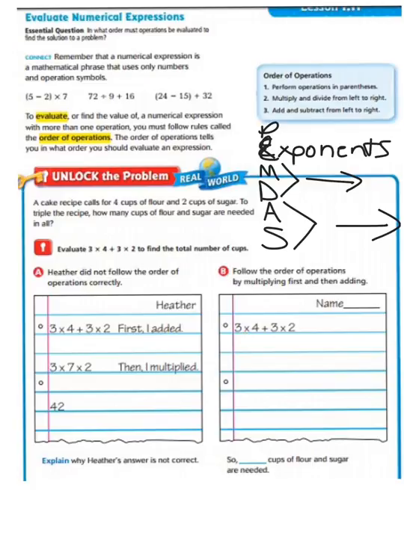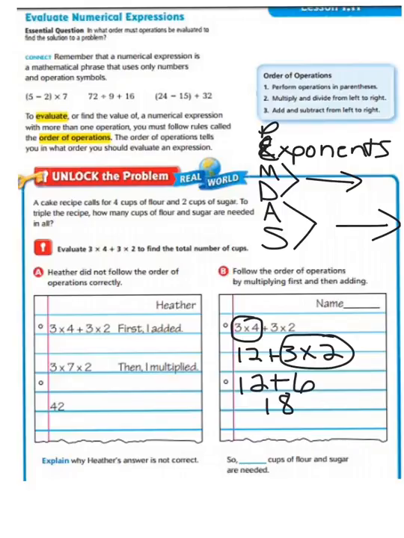So we see 3 times 4, so we know 3 times 4 equals 12, plus 3 times 2. Now when we look at it, we still see multiplication and division. So we've got 12 plus 3 times 2 equals 6. And now we've got 12 plus 6 is 18.